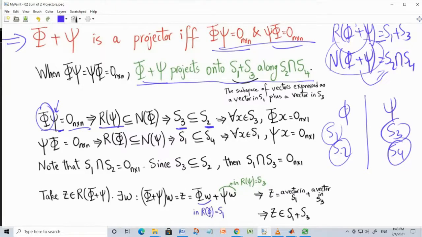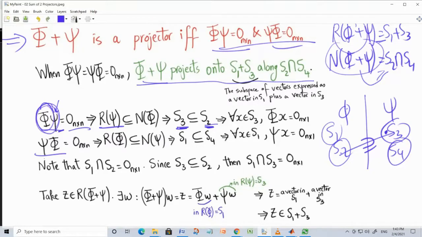And these two are related to psi. Now, if phi psi is equal to the all zero matrix, a relationship is established between S2 and S3, which is that S3 lives in S2. So there is an inclusion here: if you choose a vector in S3, which is the range of psi, phi times that vector will give you the all zero vector.